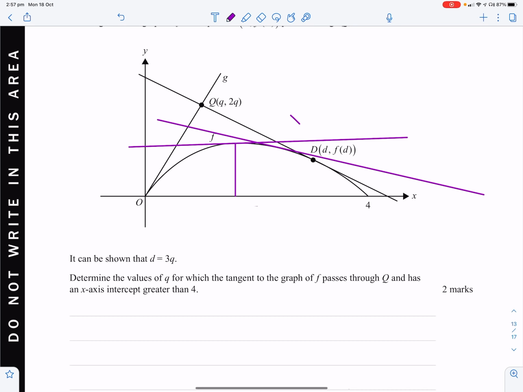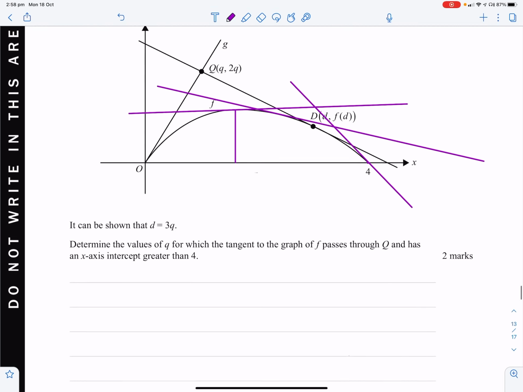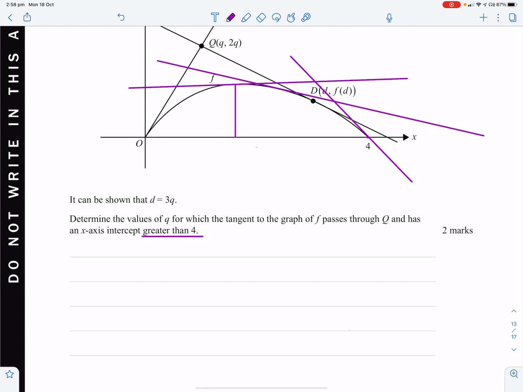And then we also know at the point 4 that it'd have an x-intercept of 4. But it says greater than 4. So we know D has to be less than 4, this point here. Therefore, 3Q has to be less than 4. So Q has to be less than 4/3.